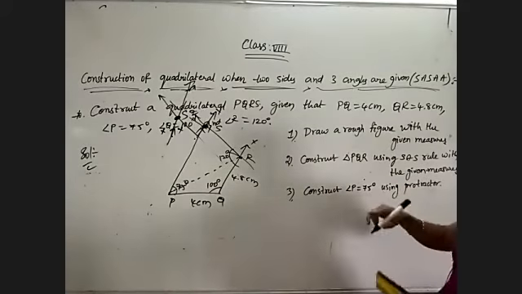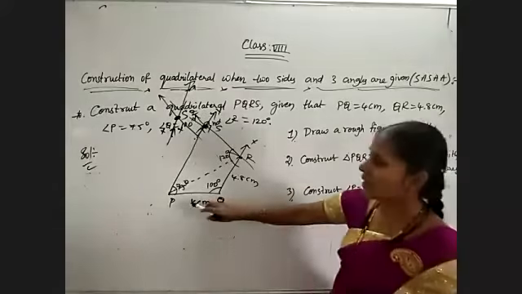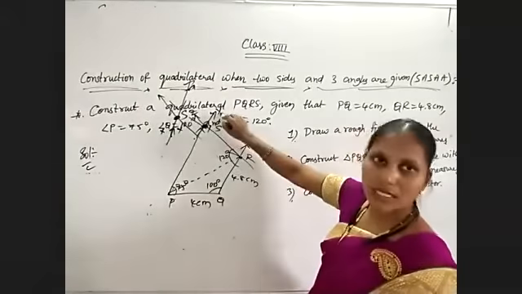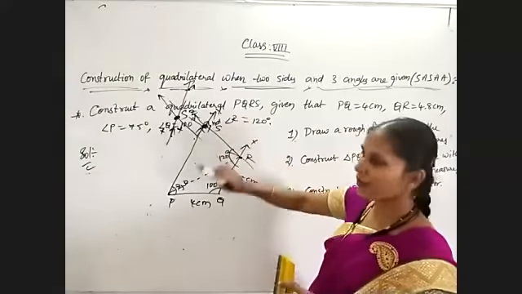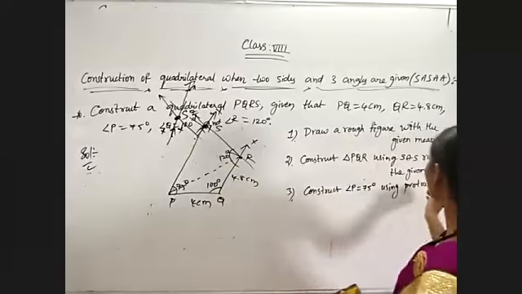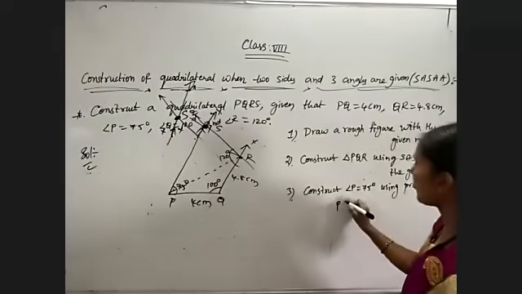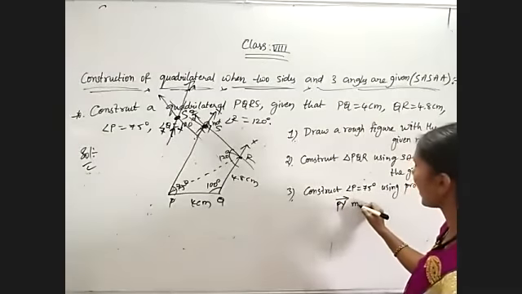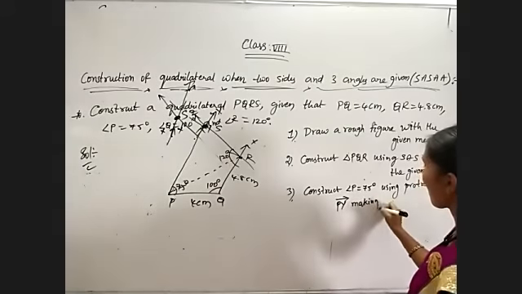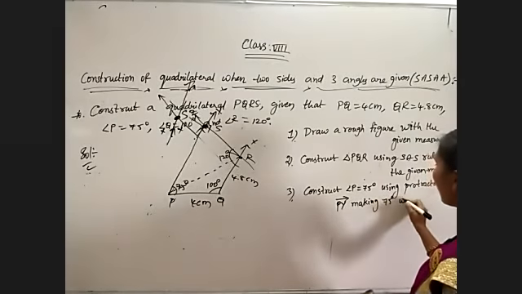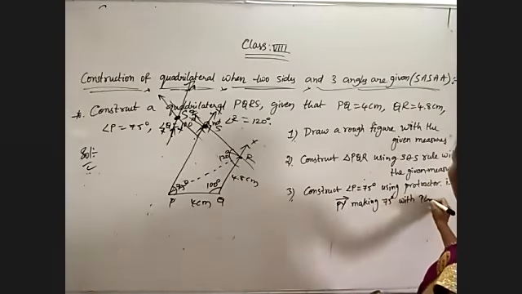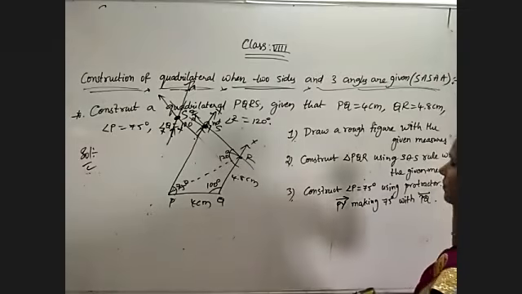So here we are constructing angle P. PY is the ray that is forming, that is ray PY making 75 degrees with line segment PQ. That's it.